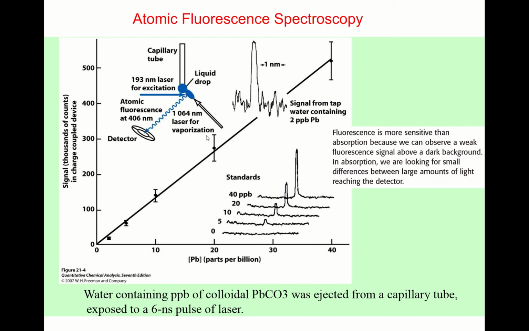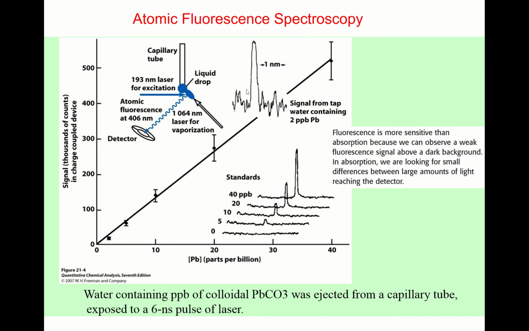If the lead atom concentration is higher, then you can see a stronger signal. This figure shows that the fluorescence intensity changes linearly with the lead ion concentration. Look at this unit, it is parts per billion, ppb. At any rate, this low concentration can be rather easily detected by atomic fluorescence spectroscopy.